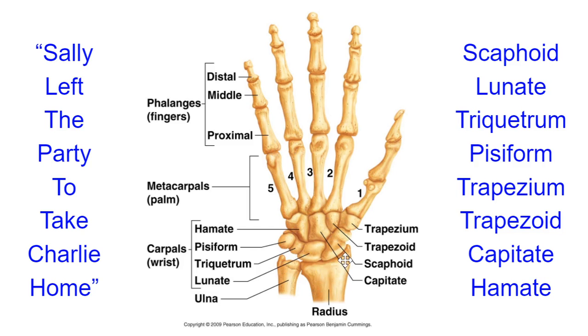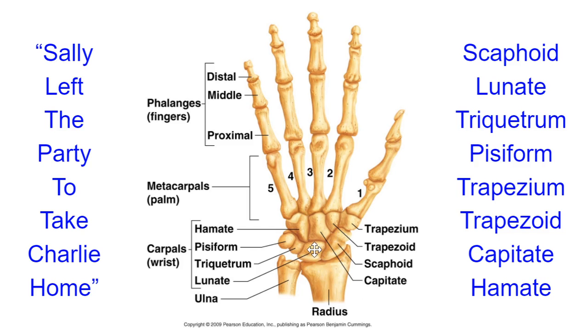Okay, so if we look at the carpals, you have 8 carpal bones, wrist bones, and there's kind of 4 in a row here that's more proximal, and then 4 in a row up here, more distal bones. So we're going to start naming them from the proximal thumb side. So right here you have the scaphoid bone, and then the lunate.